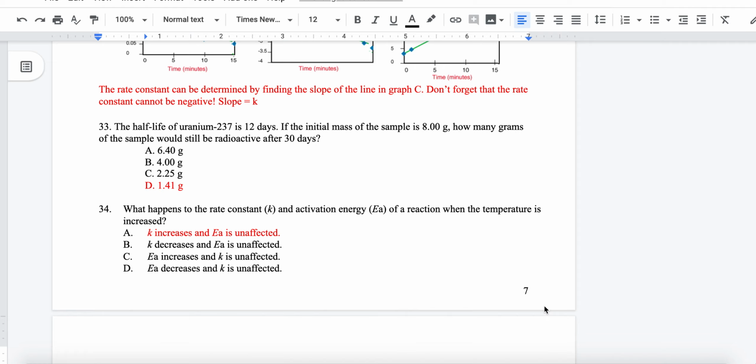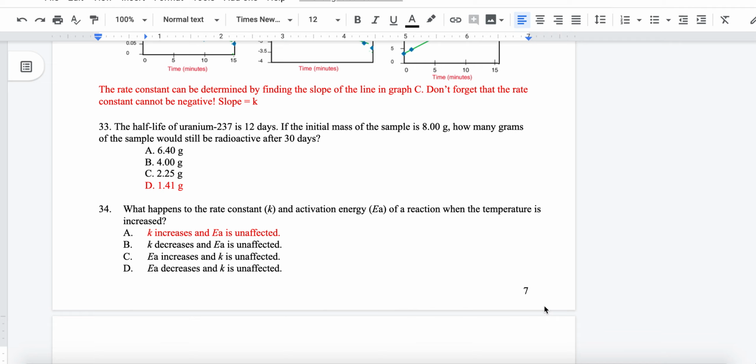Now you have to be careful because 30 days is going to be in between half-lives, because 12 days is the first half-life, 24 days is the second half-life, and then by the time we get to that 36th day, we're going to have undergone 3 half-lives, but we're right in between.